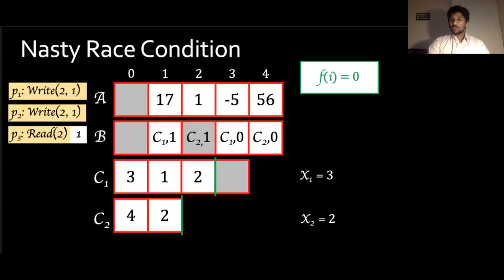Now let's extend the run and see what can happen if P3 reads location 2 again. Once again, P3 starts to check whether A2 is certified by reading B2. But before it can go any further, it stalls. Let us remember that P3 was about to check the validity of the certificate pointer (C2, 1).